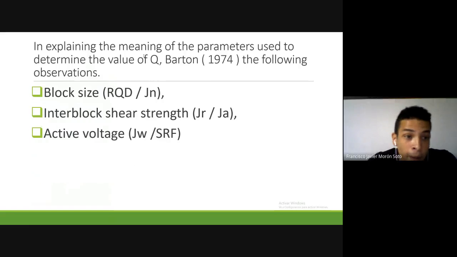And now I explain the meaning of the parameters used to determine the value of Q-Barton.